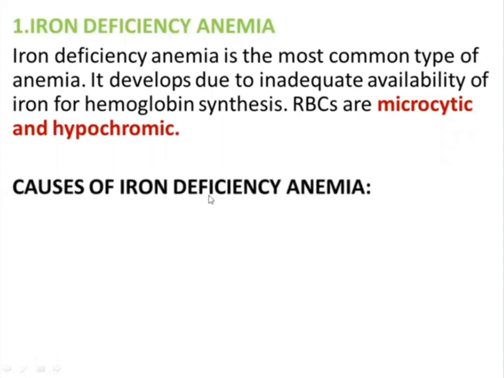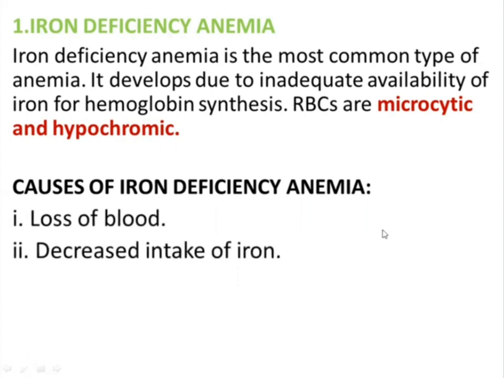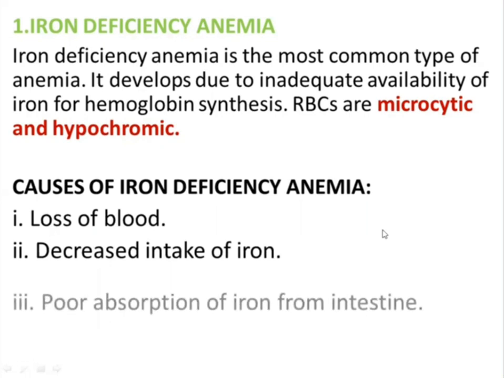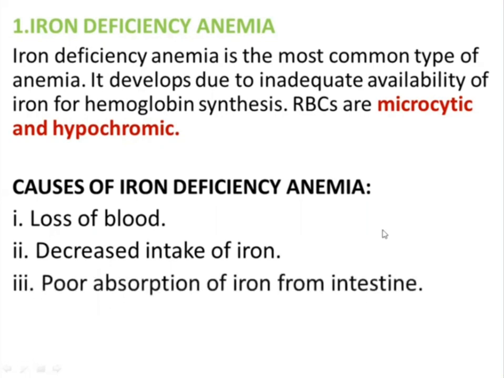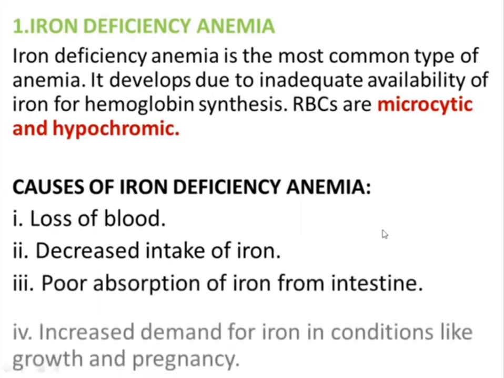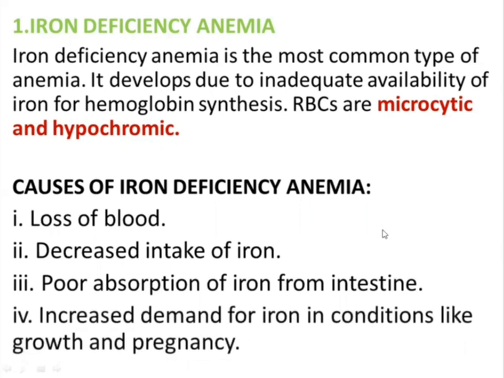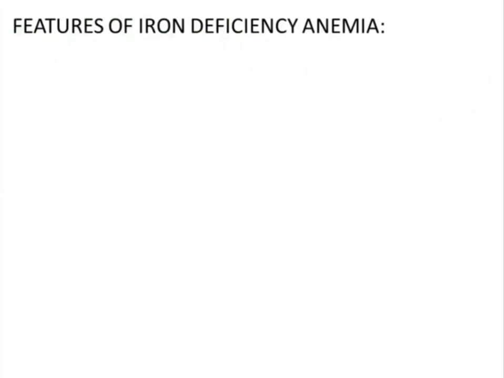Then causes for the iron deficiency anemia. First one is a loss of blood. Second one is the decreased intake of iron. Then the poor absorption of the iron from the intestine. Then the increased demand for the iron in conditions like growth and pregnancy. These are the causes of the iron deficiency anemia. Then we will see some features of the iron deficiency anemia.